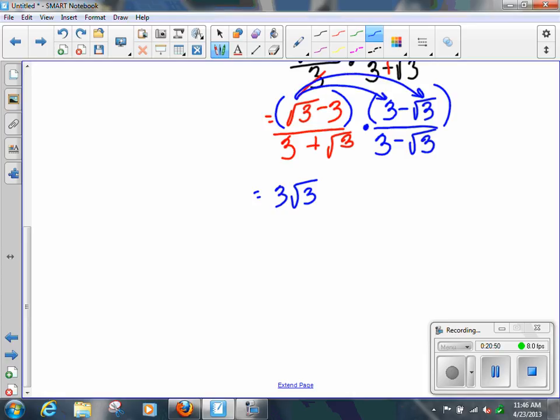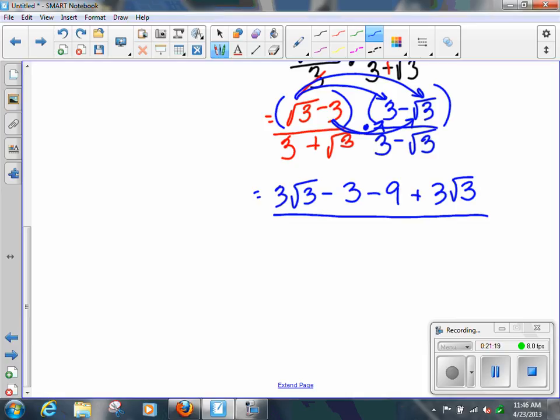Root 3 times negative root 3 ends up being negative root 9, which is actually negative 3. Negative 3 times positive 3 is negative 9, and negative 3 times negative root 3 is positive 3 root 3. Are you with me on that step? All I did was FOIL. That's all. What's the bottom?